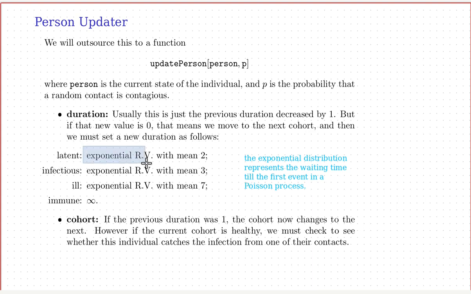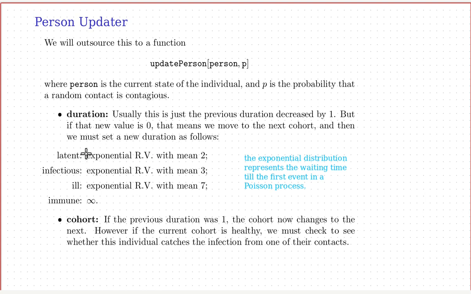Let me remind you, the exponential distribution represents the waiting time for the first event in a Poisson process. So you've got these random events happening at random moments in time, and if you're waiting for the first event to happen, then the amount of time you wait is itself a random variable, and that is what the exponential distribution represents.